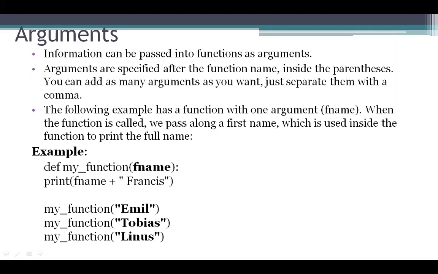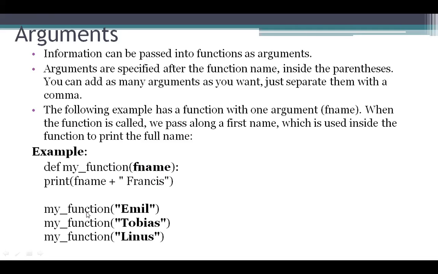Next is arguments. The information can be passed into function as arguments. Arguments are specified after the function name inside the parenthesis. As we can see here, this is the argument and this comes after the function name, provided inside the parenthesis. We can add as many arguments as we want, we just need to separate them with a comma. In this example, the function is my function, and the argument passed is f name.